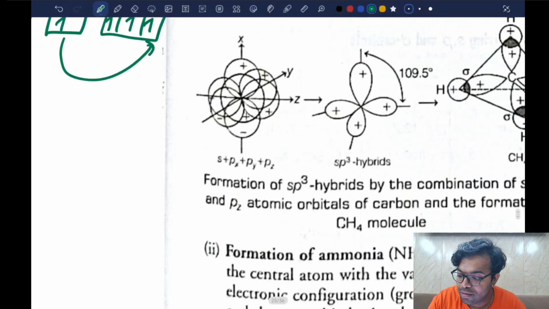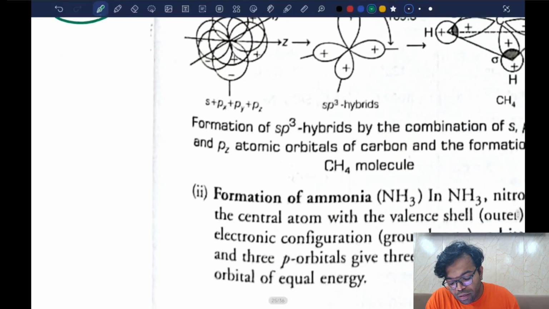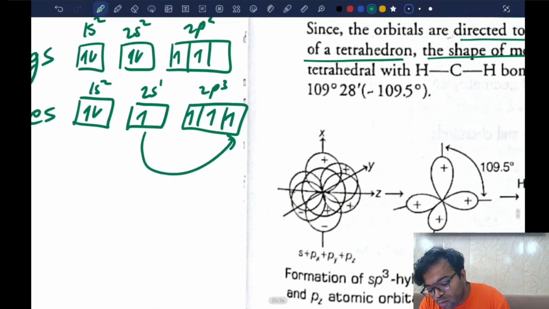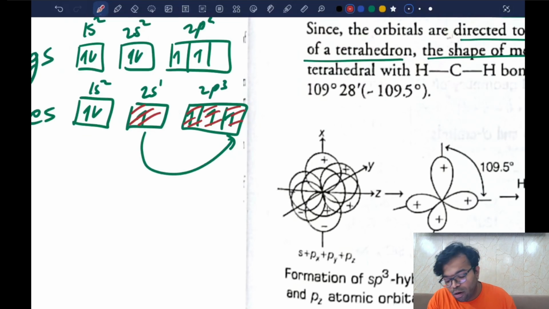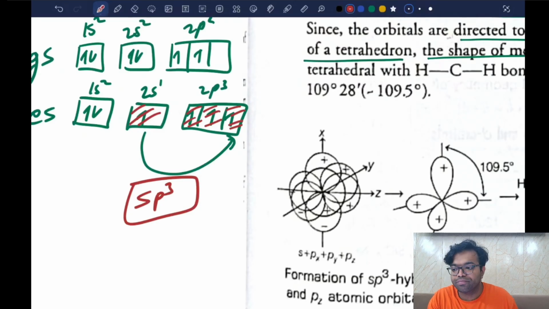Once again, it gets promoted. Now what is going to happen? All the four orbitals, this and this, are going to participate to form the sp3 hybrid orbitals. Clear, Drupad?